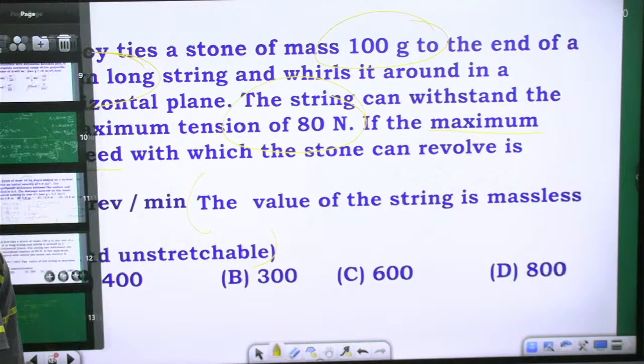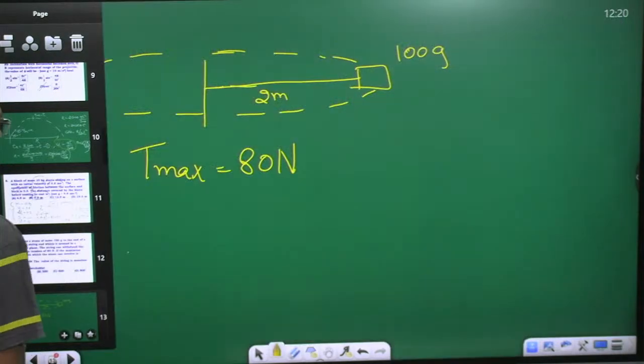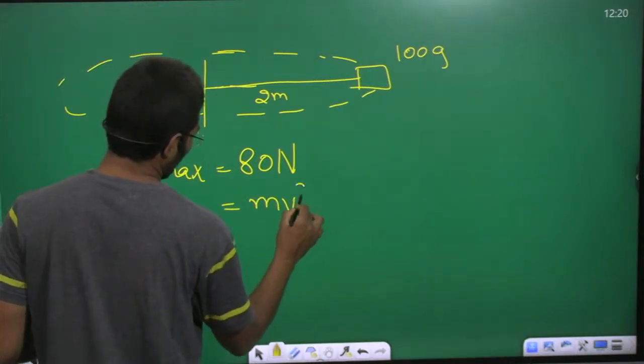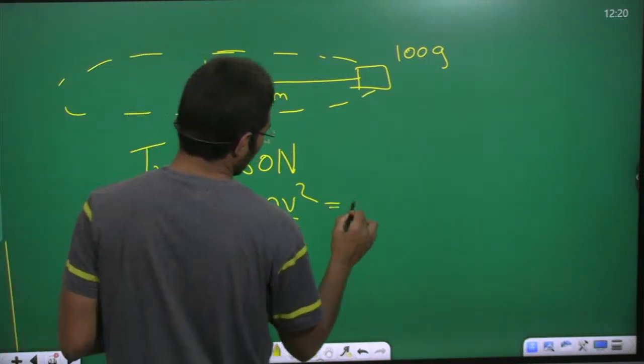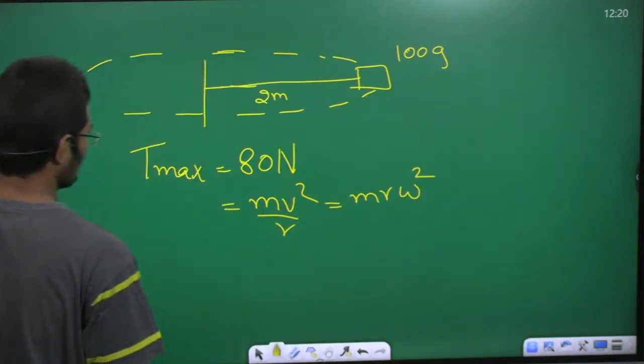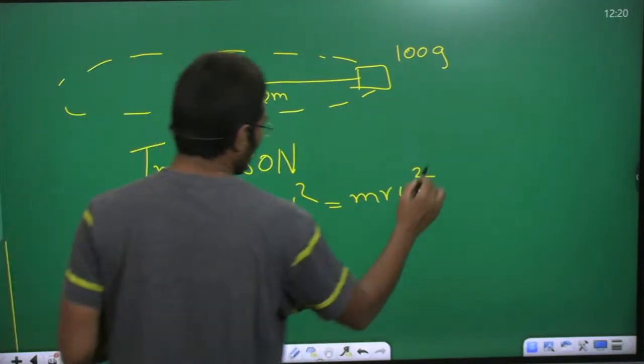So what is T max? It is mv square by r, or m r omega square, right? So try to find omega from here.